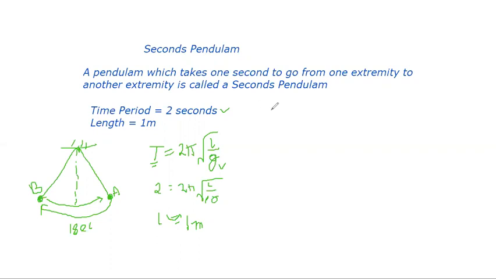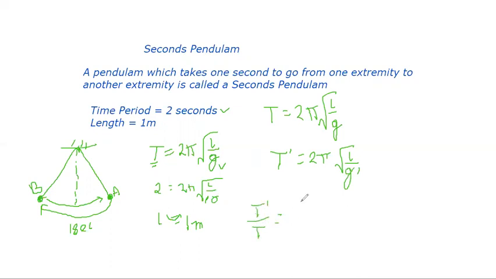We all know that T is equal to 2π√(L/g), and therefore if we go to another place, g becomes g', and T becomes T'. So T' is equal to 2π√(L/g'). So T'/T is equal to √(g/g').